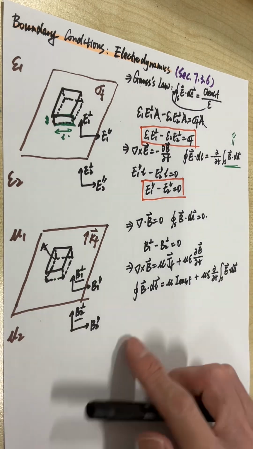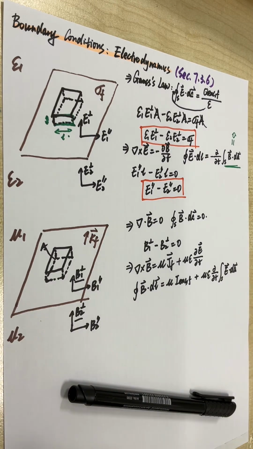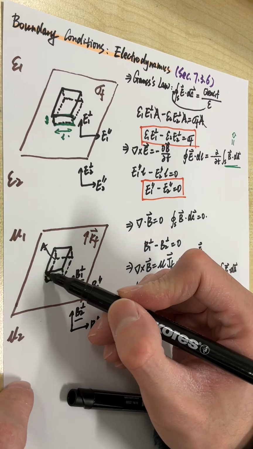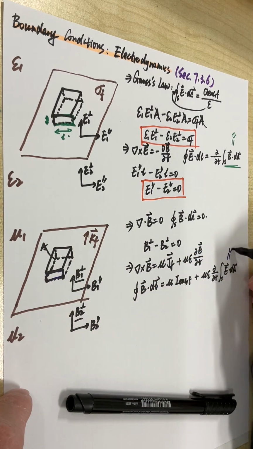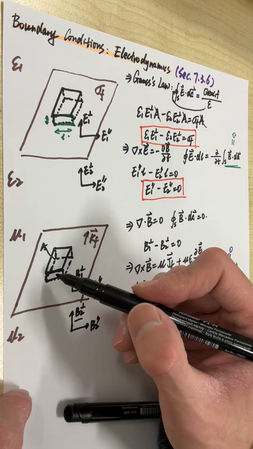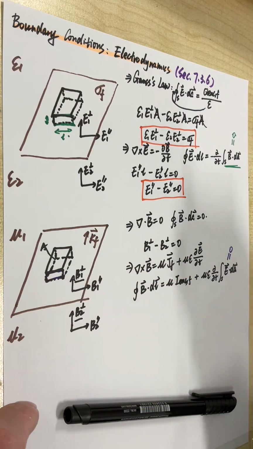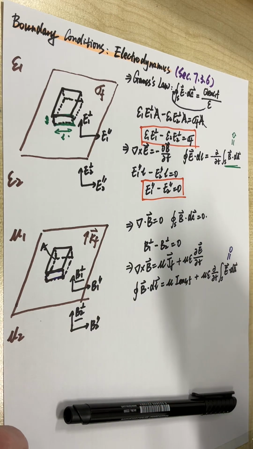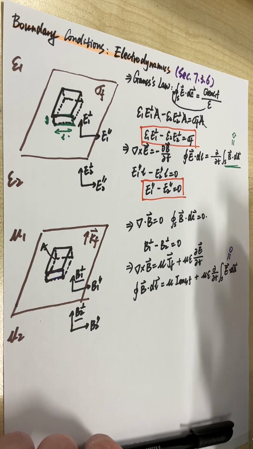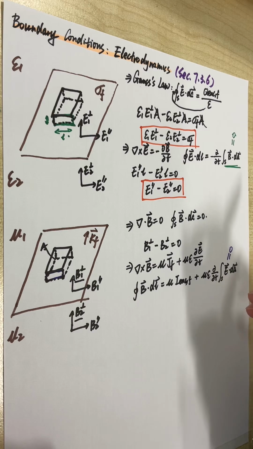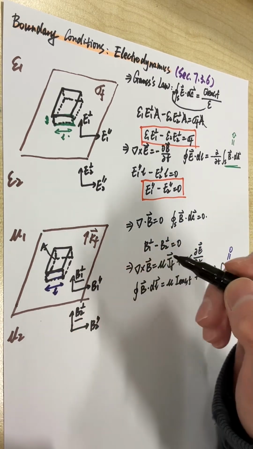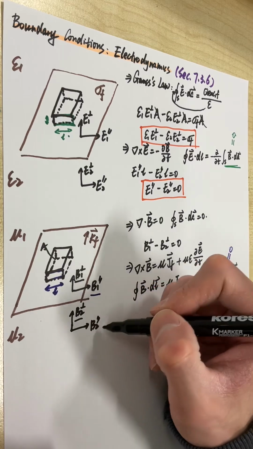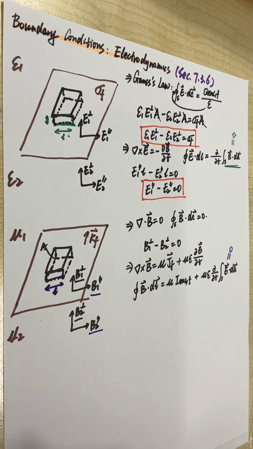For this loop, we are observing again. There's no flux, equal to 0, because the thickness is infinitesimally small, so the area is infinitesimally small. But the width is meaningful, so we can establish a relationship between the parallel components.